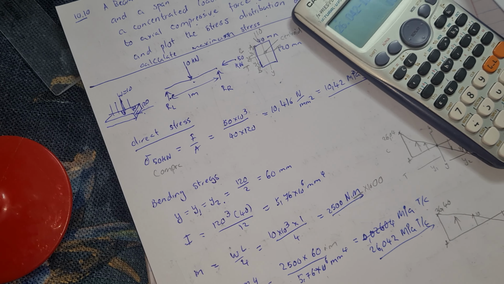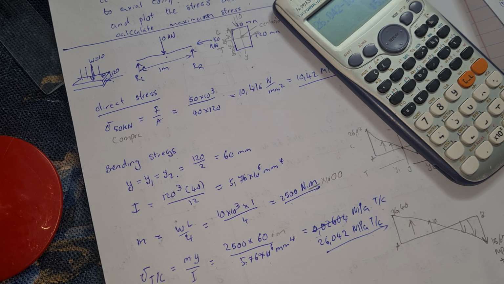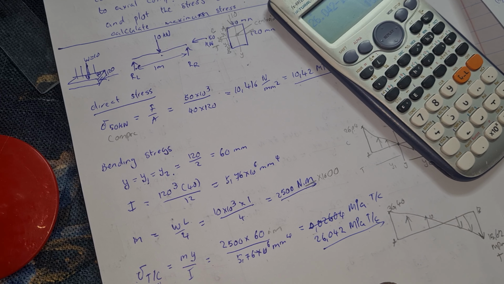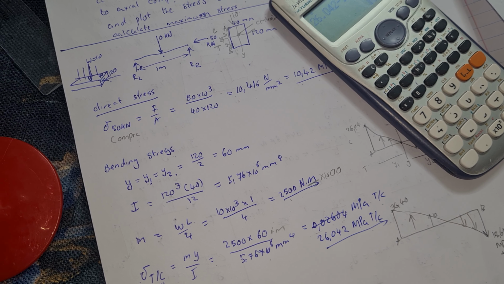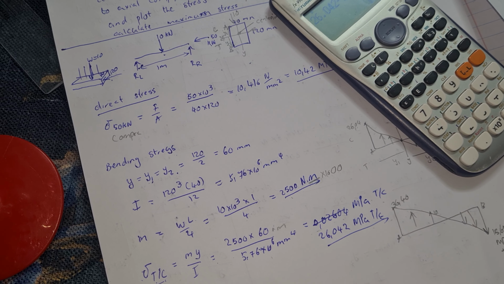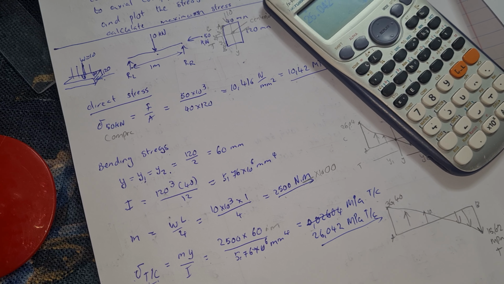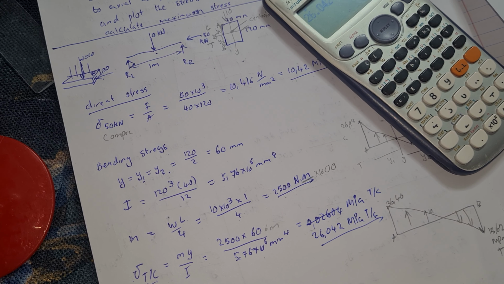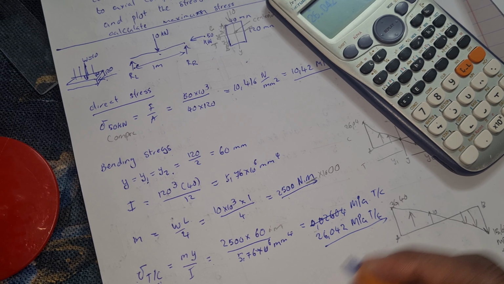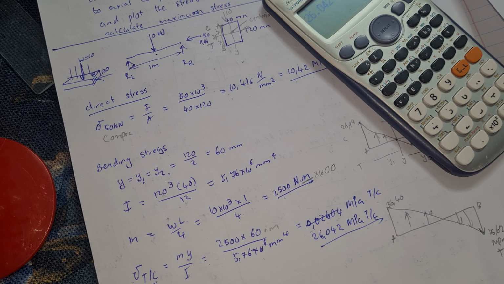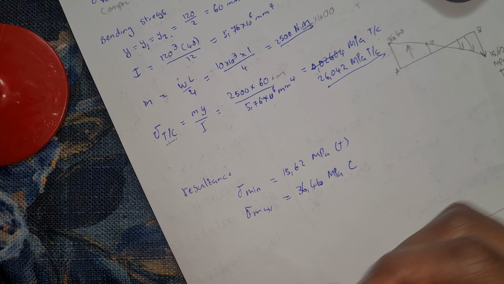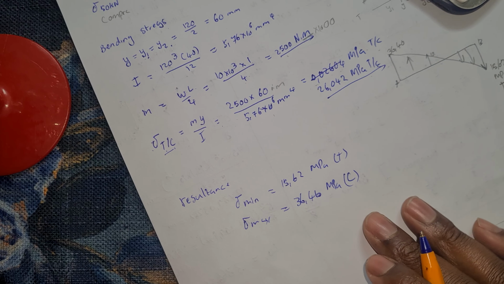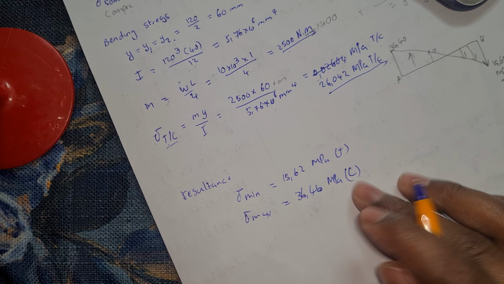Then you can simply write this one. I have the stress. The minimum in this case is tension, which is just 15.26 MPa, tension. Stress max is what? In this case it is 36.46 MPa compression.